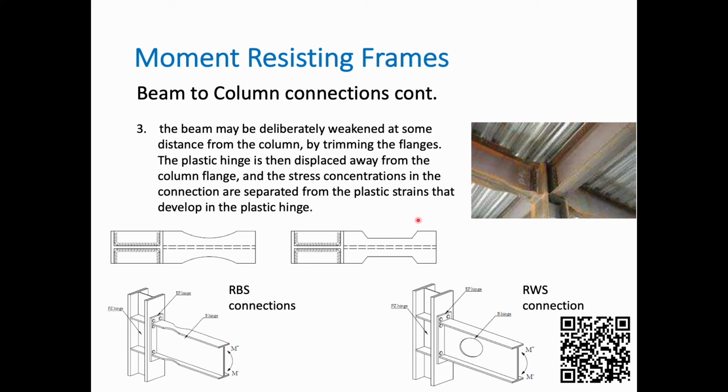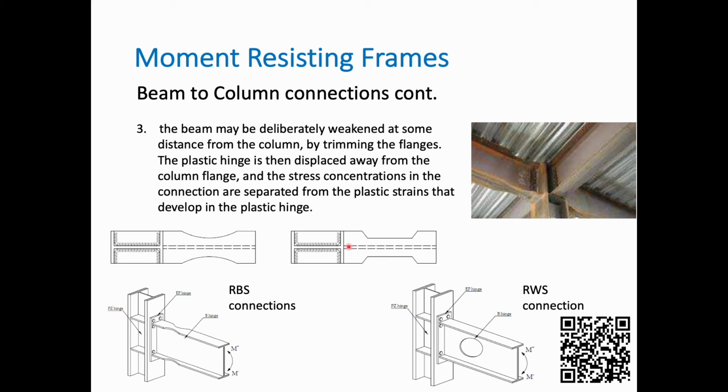And the last concept, which is used quite a lot in the seismic design of steel structures, is where we are deliberately weakening specific areas at a distance from the column face.